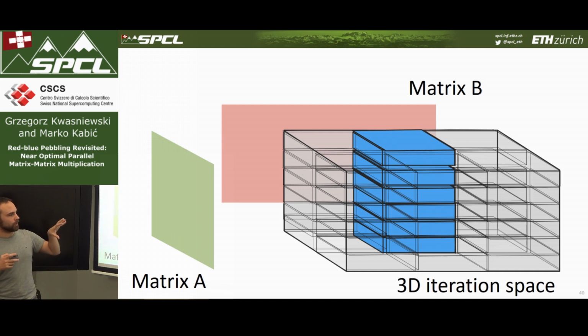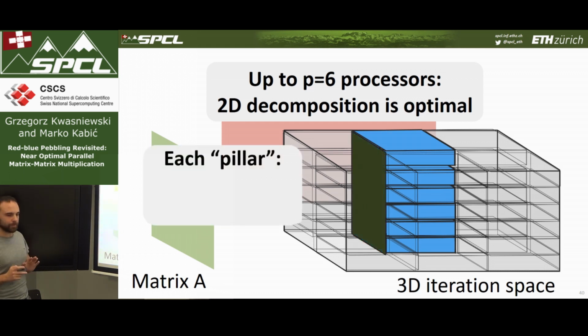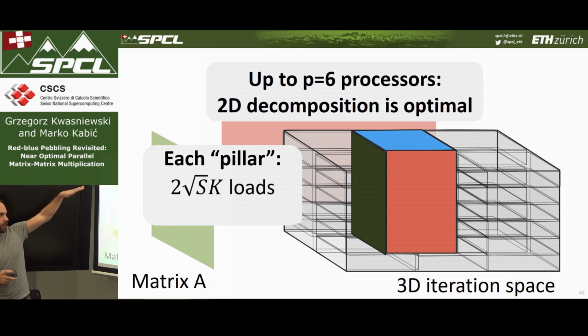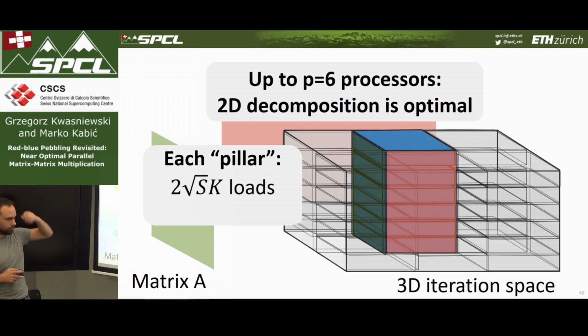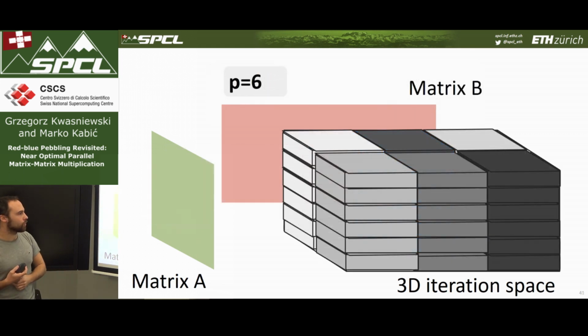So now what we can do is assign each of these, in this case 6, pillars to a different processor. So for up to 6 processors, we just have this 2D decomposition of assigning independent pillars to each of the ranks, and we'll have to just load these 2 faces and store the final results on the top. So this is how the decomposition for p equals 6 would look like.